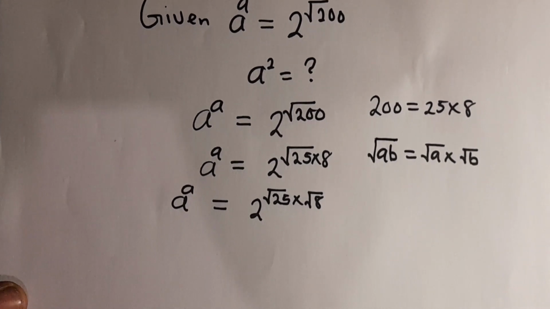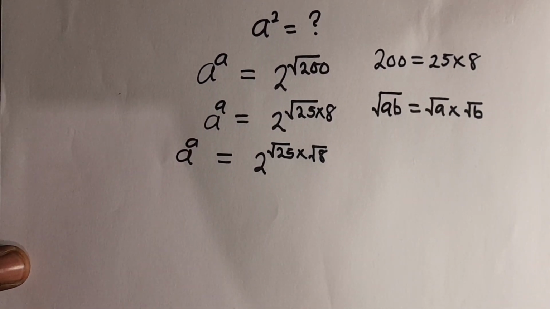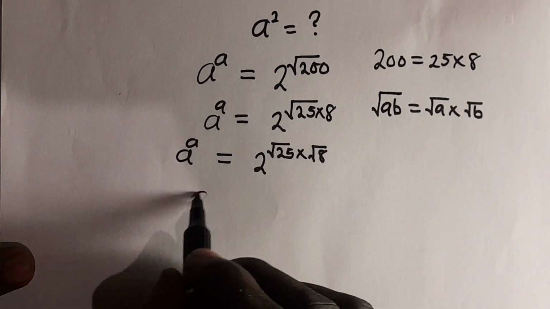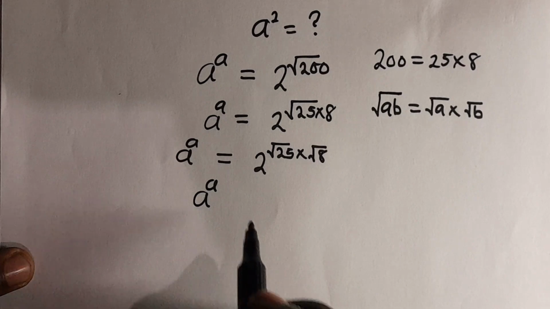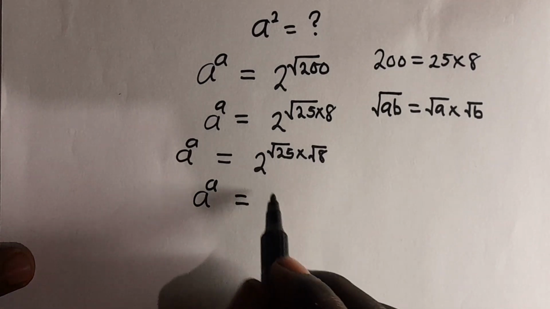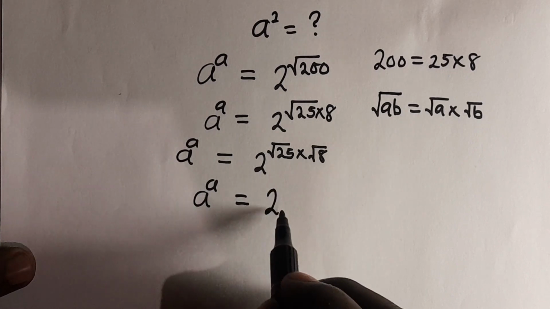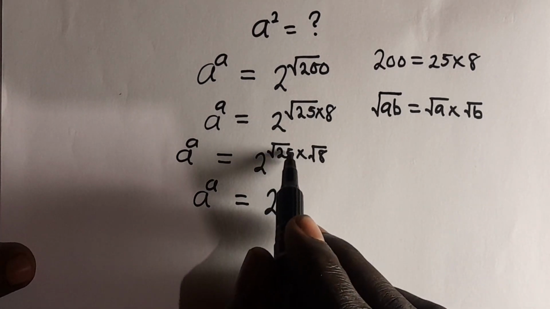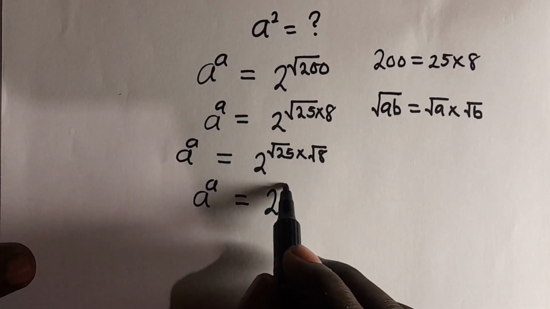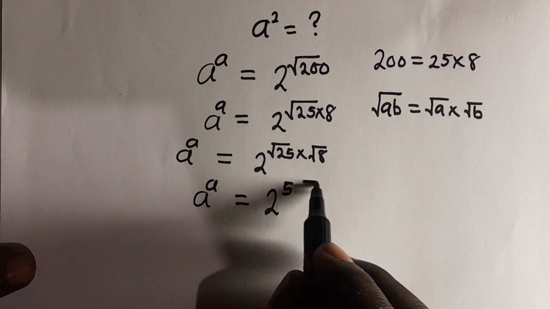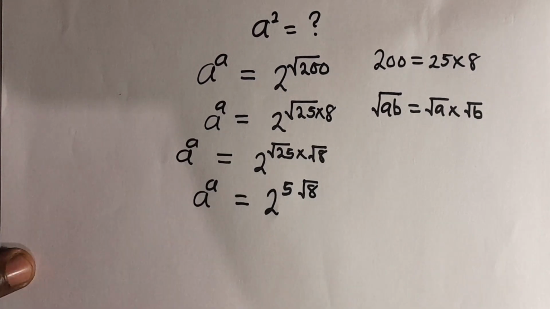So from here, what we are going to have will be a raised to power a equals 2 raised to, square root of 25 is 5, multiplied by square root of 8.